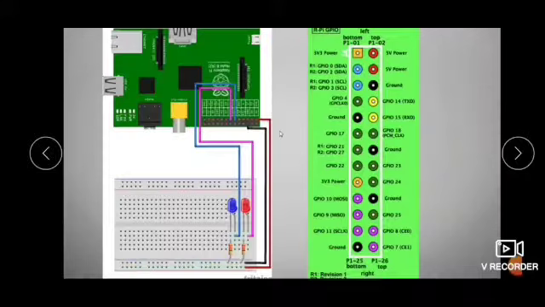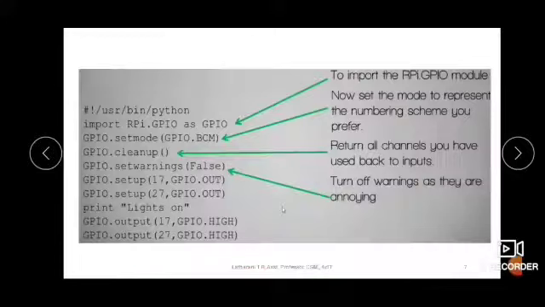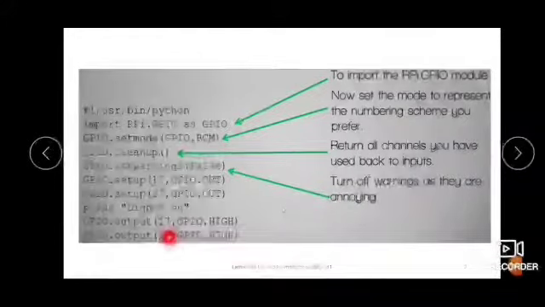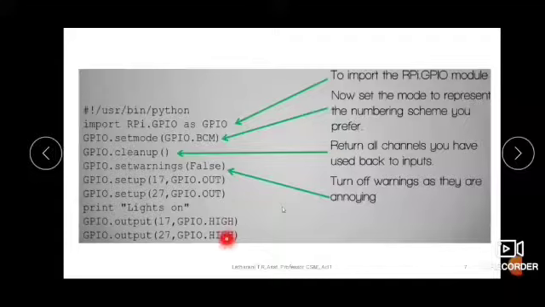If pin number 17 has the value high, the LED connected to that pin will glow. Similarly with the other LED which is connected to pin 27. When you make pin 27 also high, the LED connected to pin 27 will also glow.